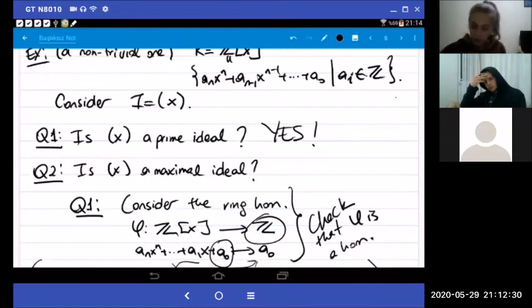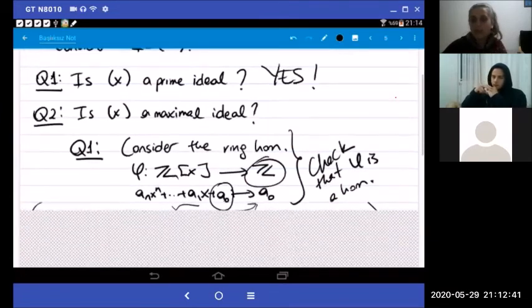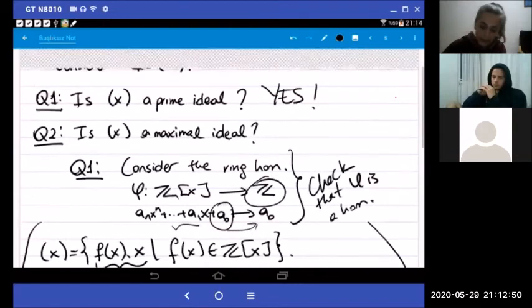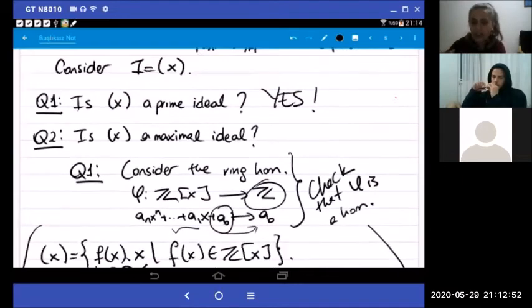But we have one question: how to choose such a homomorphism, right? Because it looks like a flying map, and we are taking one of them. But it is not. Actually, the motivation in choosing such a map between Z[x] and Z depends on this one.